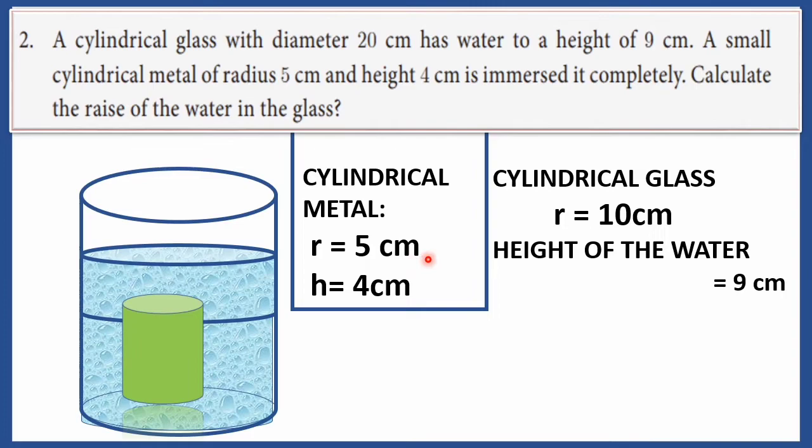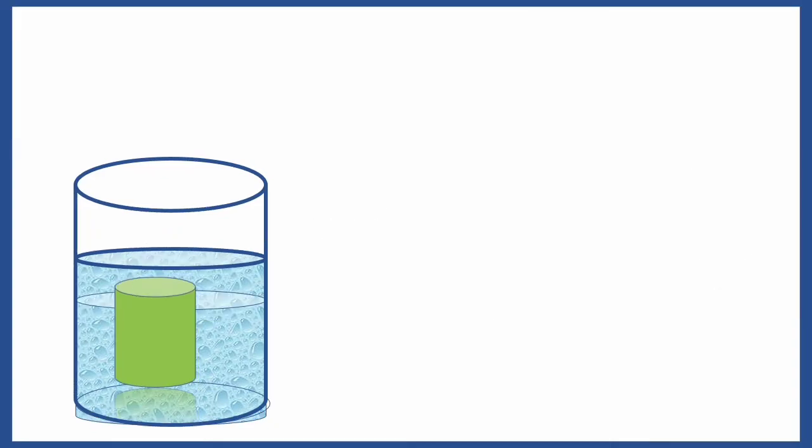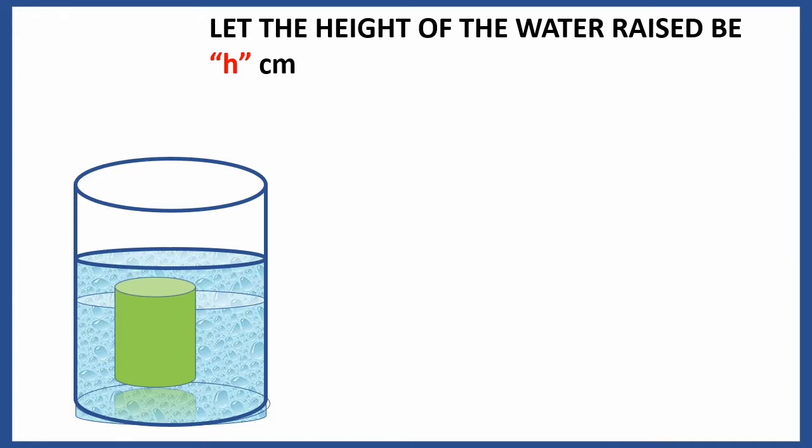And see here, the radius of the glass is given, 10 centimeter. Here the water is in the form of a cylinder, so we take the radius same as the cylindrical glass. Then height of the water equals 9 centimeter. Let the height of the water raised be h centimeter.